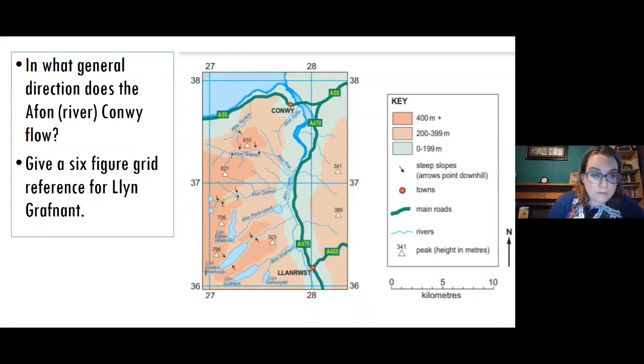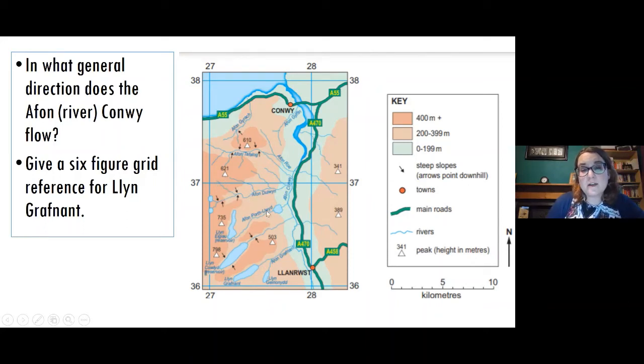So you find your 4-figure grid reference first. We would have 27, 36, because once again, we're going along the corridor, up the stairs, and then we're in that bottom left-hand corner. But we also need to divide our grid square into 100 smaller squares. You could draw lines down to divide it.